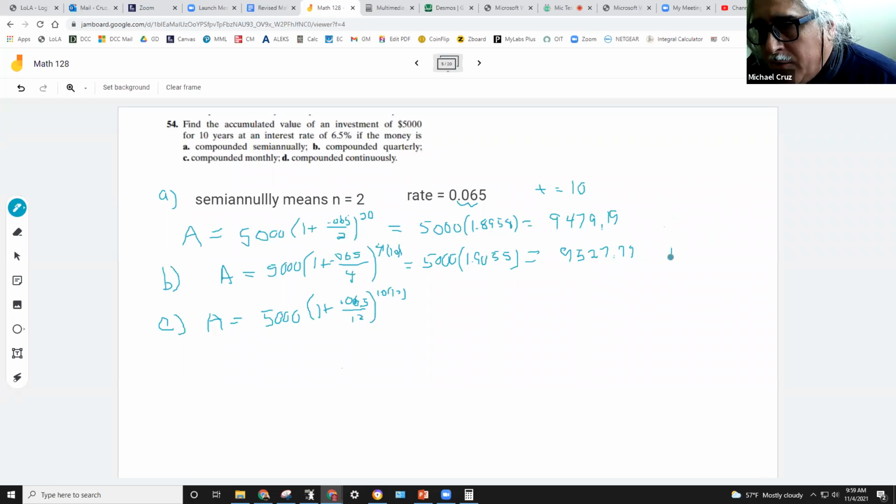This was n is equal to 4 if you didn't see it, and then this is n is equal to 12. So the t is always 10. I didn't write it there, but 2 times 10 is 20, so this is going to be 120 now. I'll just write it below that. So it's a larger power, but it doesn't change it a lot. Look at it.